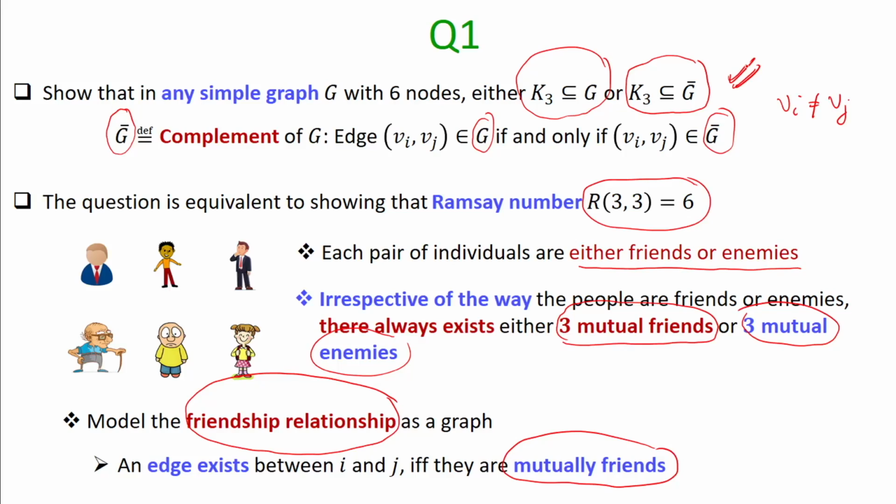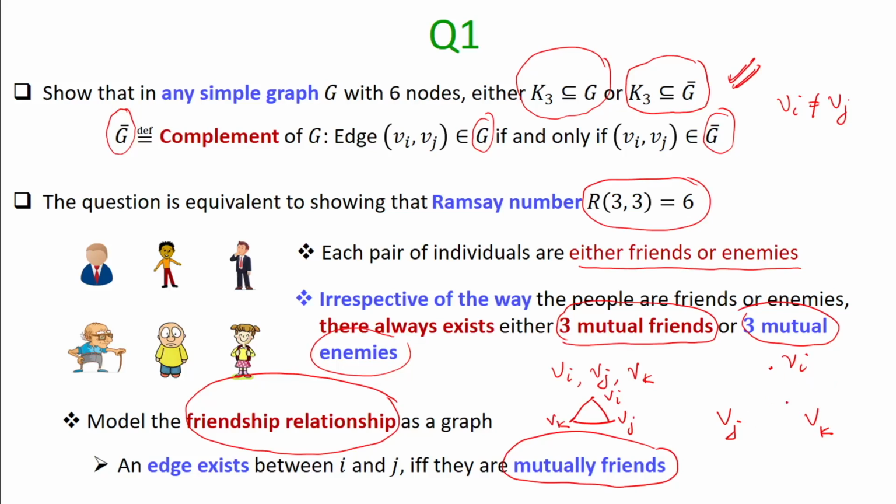So you can always find Vi, Vj, and Vk such that you have the edge between Vi and Vj, the edge between Vj and Vk, and the edge between Vk and Vi. Or you have three people such that between i and j no edge is there, between j and k no edge is there, and between k and i no edge is there in the graph G.